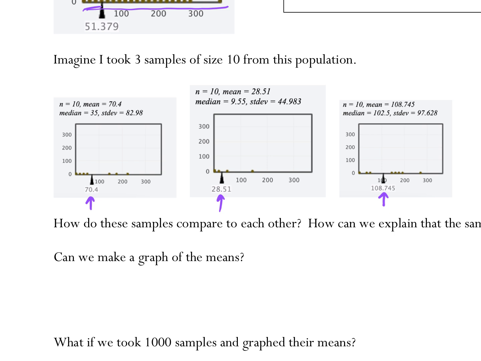How do the samples compare to each other? Are they close? I'd argue they are not very close at all. But we could make a graph that is the means from these samples.